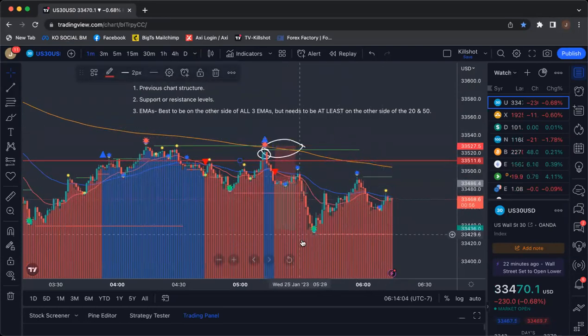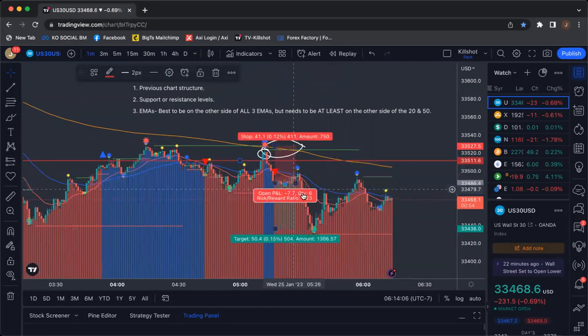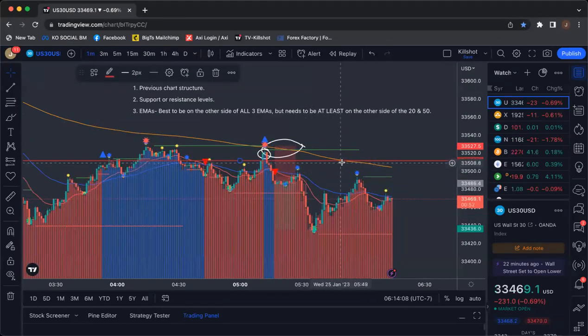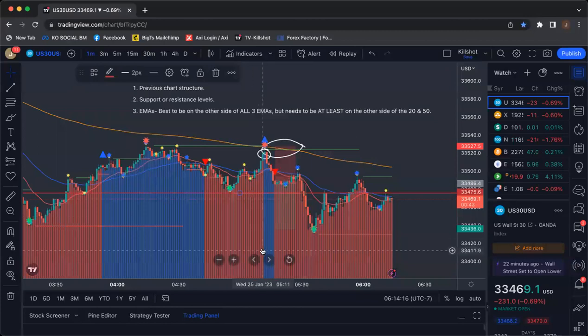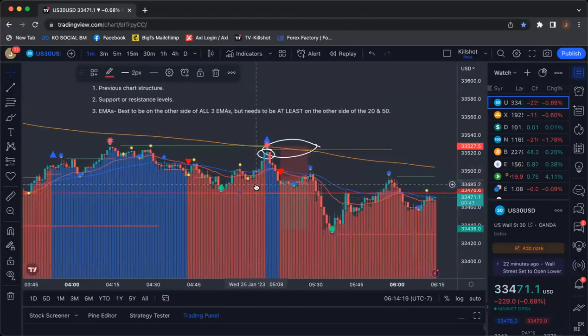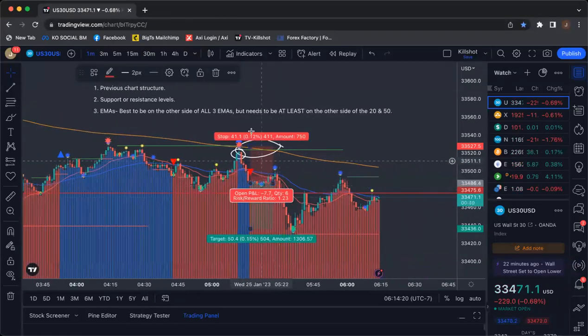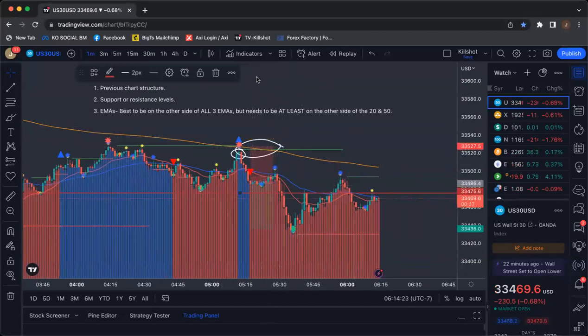Now your risk reward is where it's supposed to be. And then once it broke this support and started to fall, that's when you would have taken this thing, protected it here, and let it run to your TP. Okay. So that's how we set our stop, and that's how we start our risk to reward.